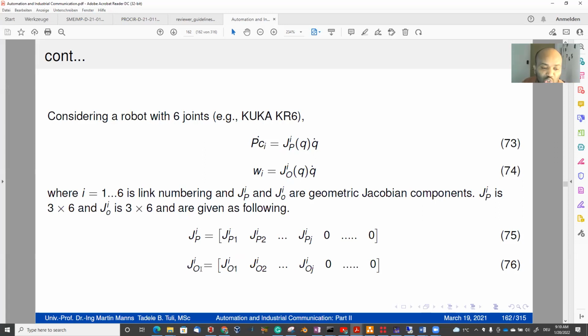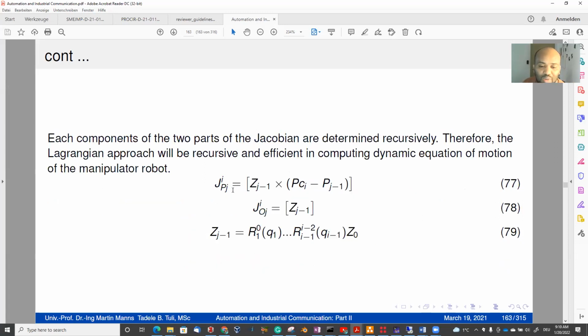How you calculate JP and J naught is just directly forward. JP is the Z axis of J minus 1 times PC. This is the center point, okay? It is the center of the mass.